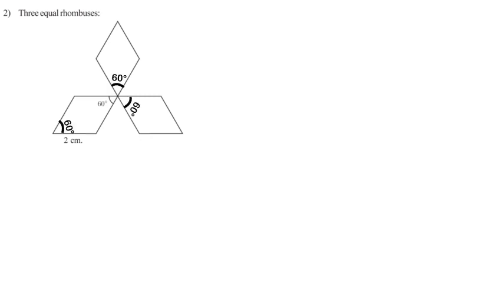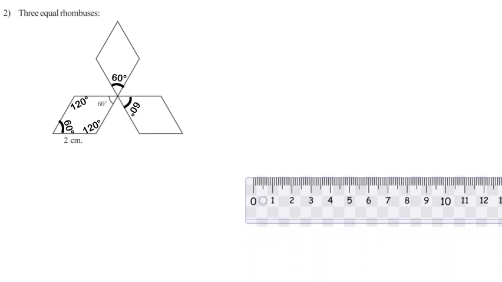And we know the sum of two adjacent angles of a rhombus is 180 degrees. So the other angle is 180 minus 60, which is equal to 120 degrees. Now we have the required measures for drawing this figure.